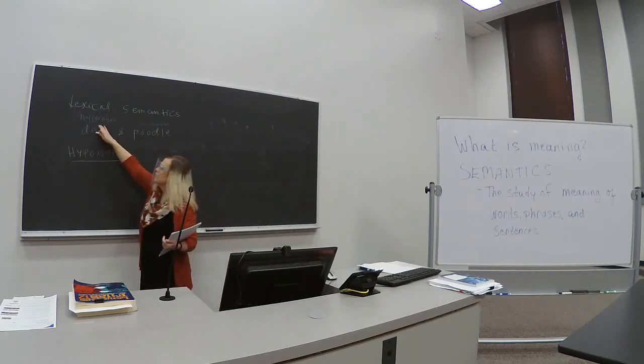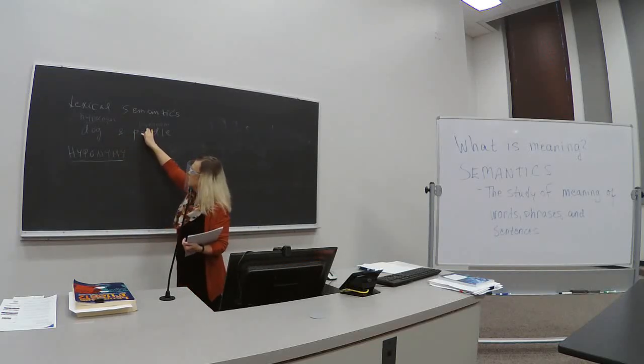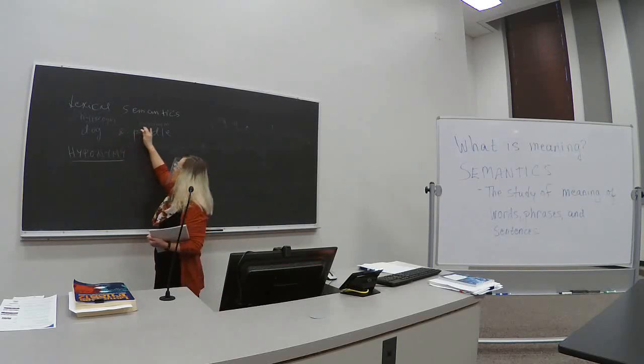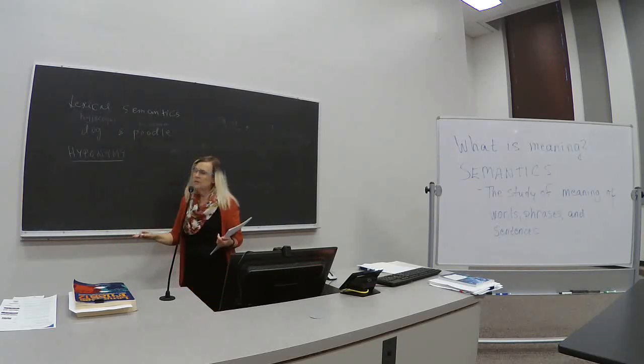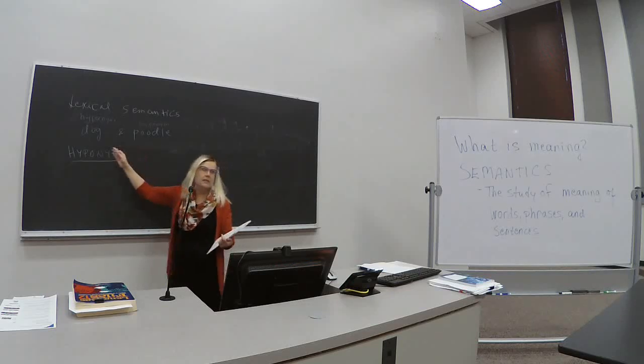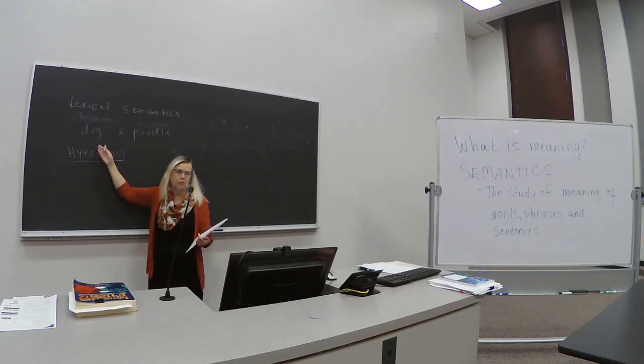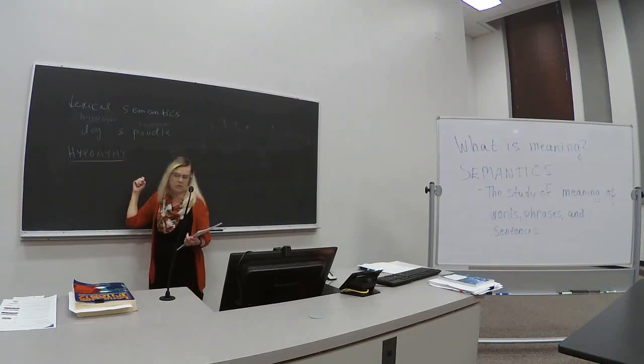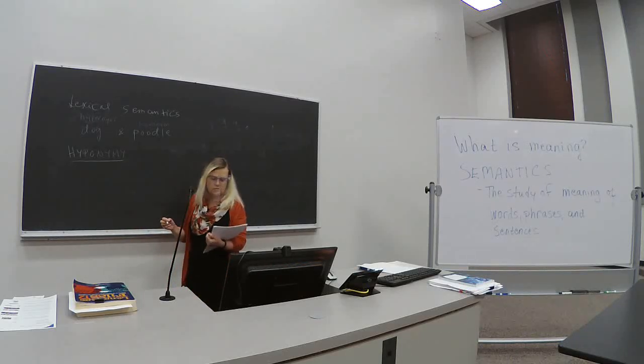So hyper, the Greek prefix is here. Hyper is like over and hypo is under. So the poodle is a kind of a dog. Okay? And this relationship is a hyponymic relationship.